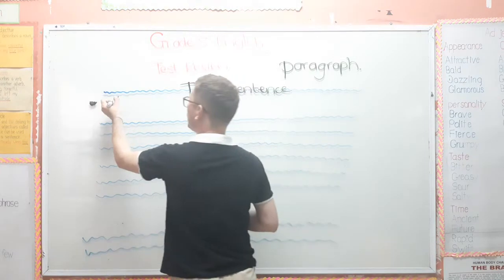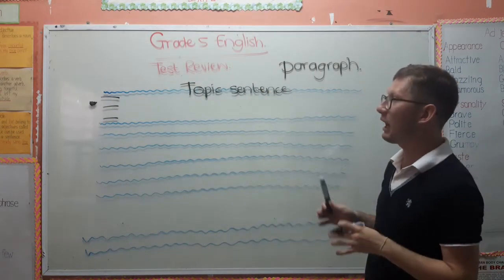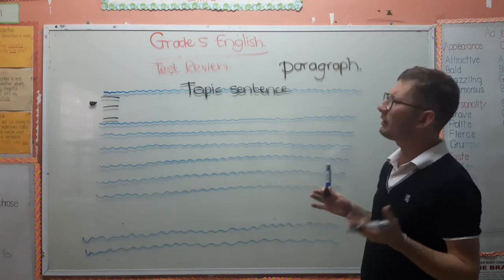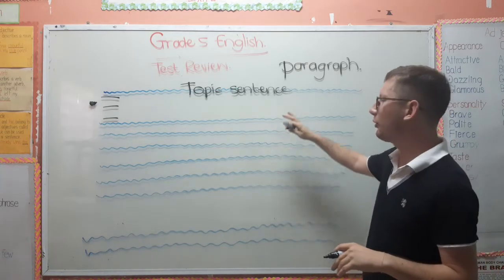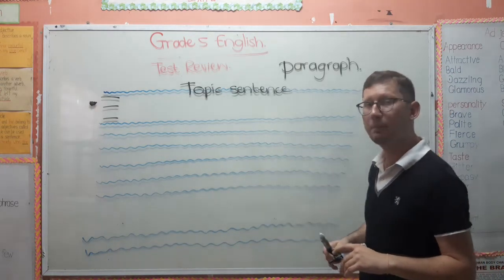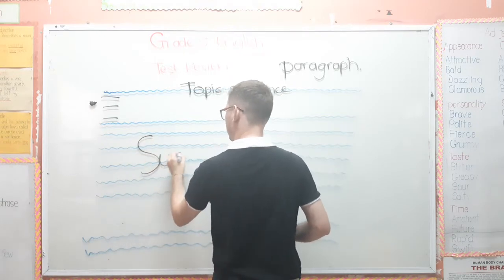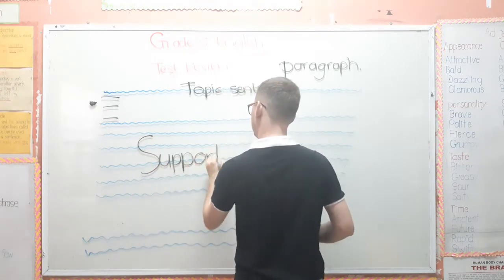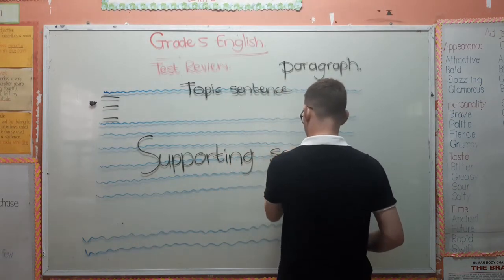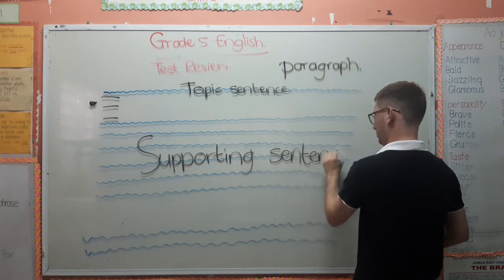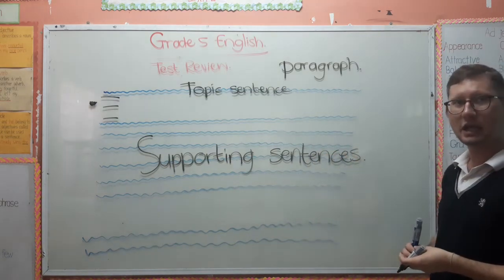So 1 or 2 lines, 1, 2, 3 lines, it doesn't matter how many lines. Normally, on average, 1 or 2 lines you have to leave open before you start with your supporting sentences. Okay, your supporting sentences. That's how you do it.